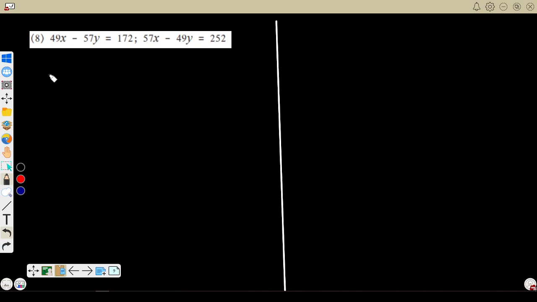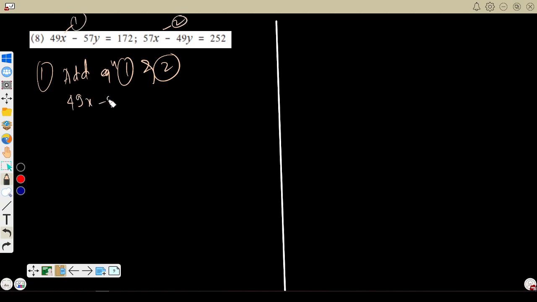So in the first place, what we do is we add the equations. Add equation 1 and equation 2. This is equation 1 and this is equation number 2. So if you add the equations, I'll copy the equations. 49x minus 57y is equal to 172, plus the second equation is 57x minus 49y is equal to 252.